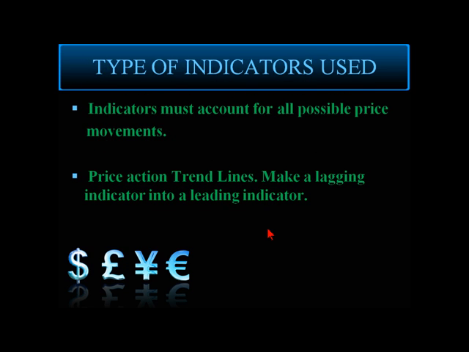Now, something that's quite helpful in trading are price action trend lines, and that's a way to make a lagging indicator into a leading indicator. Now, if you look up price action trading or Google price action trading, for the most part you see that candlesticks are used in the trading.